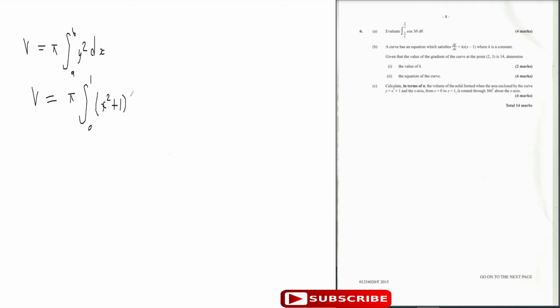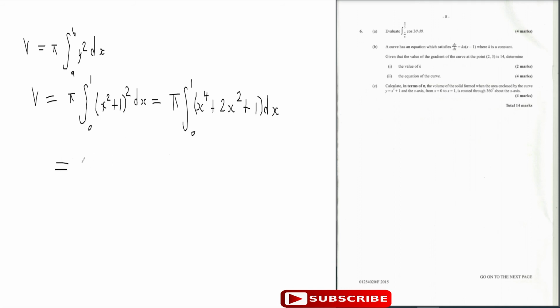So when we work this out now, we're going to get that volume is pi times the integral from 0 to 1, first term squared, which is x squared squared, which is x to the 4, plus twice the product of the 2, which is plus 2x squared, plus second term squared, which is plus 1. Nice and easy. That's the volume.